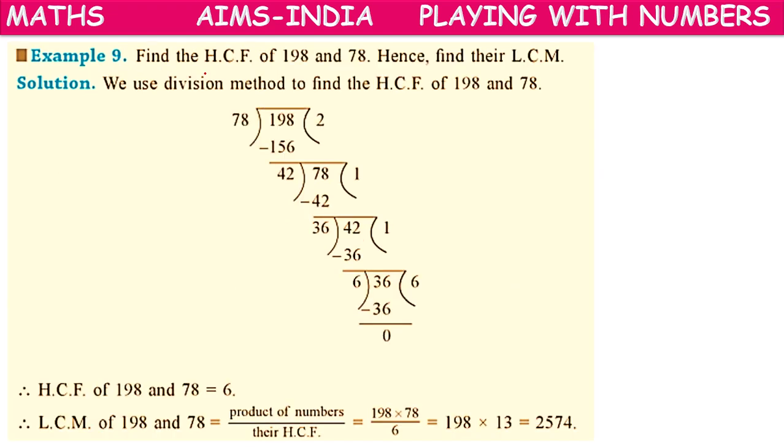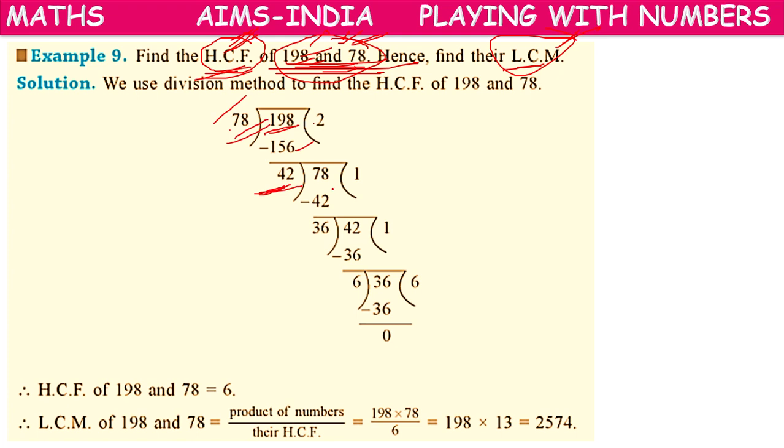Next. Find the HCF of 198 and 78. Find their LCM. First we have to find the HCF, and with the help of HCF we have to find the LCM. How to find HCF of given numbers? The biggest number will become dividend, the smallest number will become divisor. So 78 2 times 156, 42 remainder.